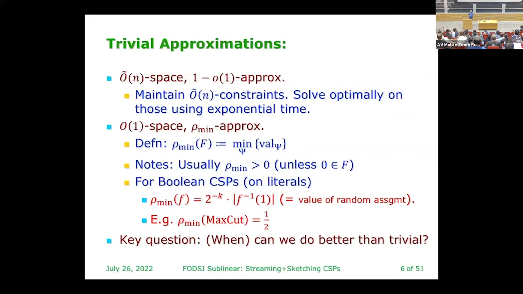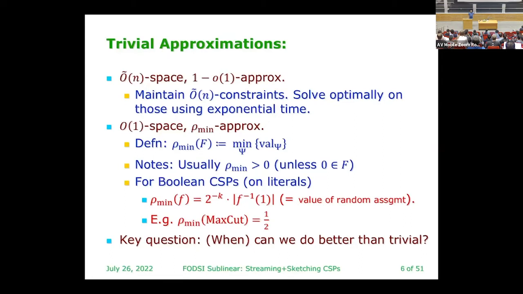Let me go for something even more trivial. If I give you a family of functions, max cut, there is no graph that you can produce for which the value is less than a half. Okay, so take the minimum over all possible instances of the value of that instance. Recall the value of every instance is between 0 and 1, it's a fraction. Take the minimum over all possible instances.